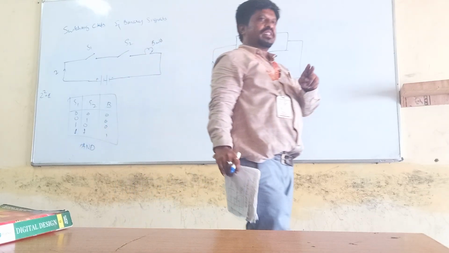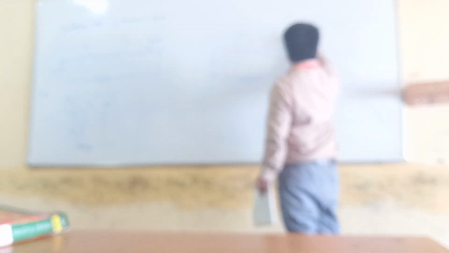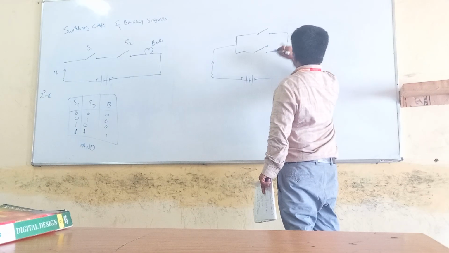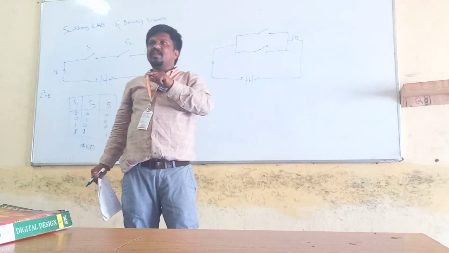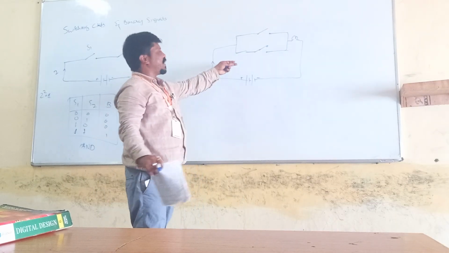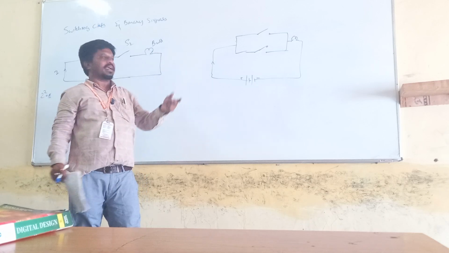If either one switch is on, then the bulb will glow. I have not shown the bulb here, sorry. If my bulb has to glow, it means either one switch has to be on. That is nothing but the OR gate. What type of logic gate am I using here? The OR gate.